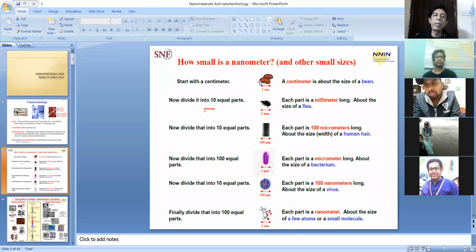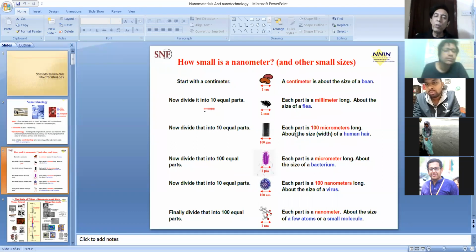If you divide it into 10 equal parts, you'll get a worm, a worm like a flea. It is of a millimeter. And if you divide it again into 10 equal parts, then you will get your human hair. That is 100 micrometers long.